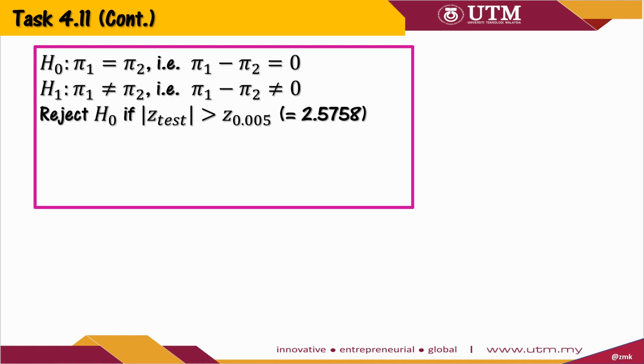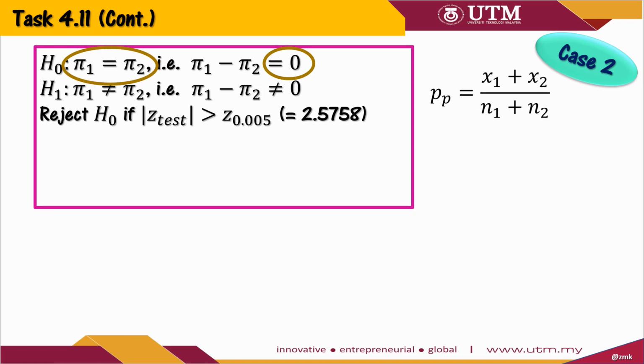If you look at the null hypothesis H0 again, the value of a difference between the population proportions is 0, which indicates that we have an equality of population proportions under H0. Therefore, we have case 2 here, where we will use a pooled proportion in the z-test formula to estimate the unknown and yet equal population proportions, where the pooled proportion is given by x1 plus x2 divided by n1 plus n2.